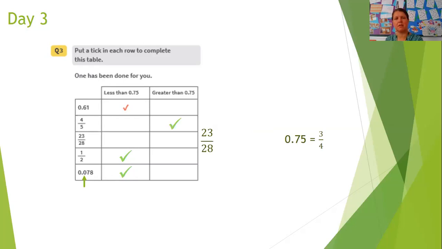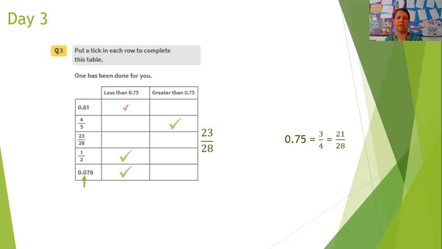Now the best common denominator to do for this one would be 28, because one of them is already 28, and I can turn 4 into 28 by multiplying it by 7. And yes, we all know that if I multiply the denominator by 7, I need to do the same to the numerator. So what I'm going to do is multiply 4 by 7 to get 28, and 3 multiplied by 7 gives me 21.